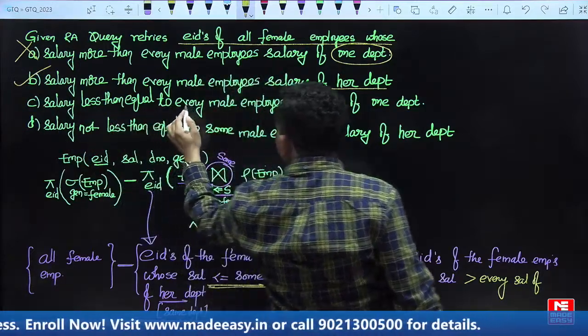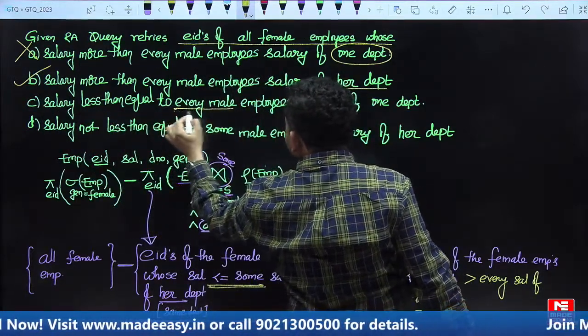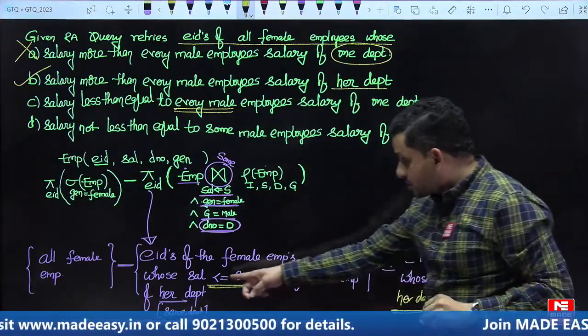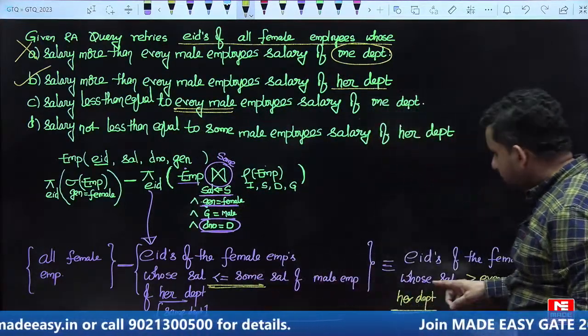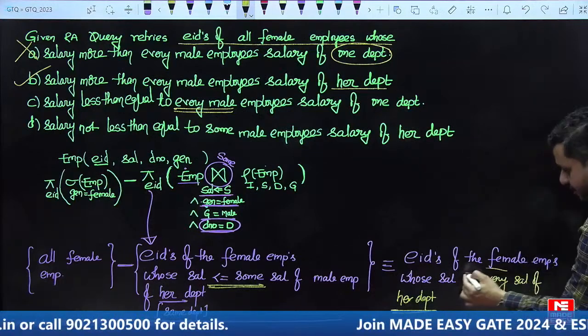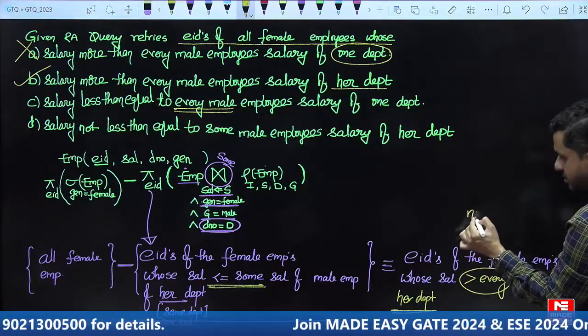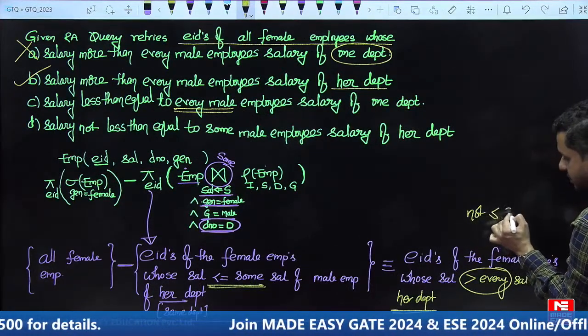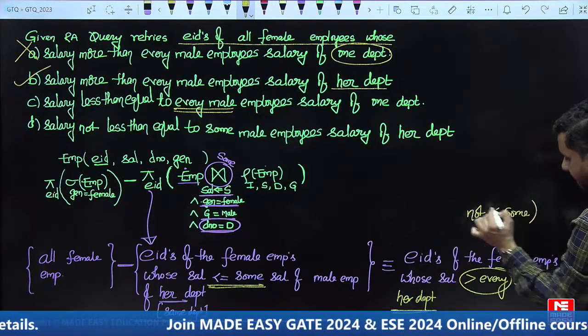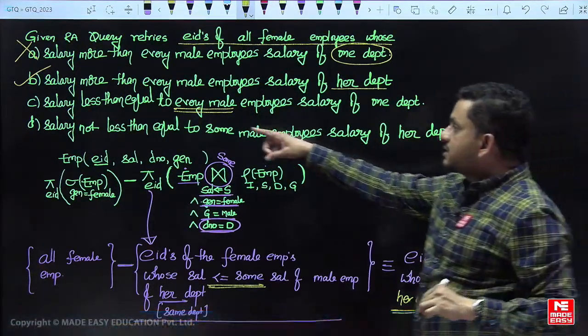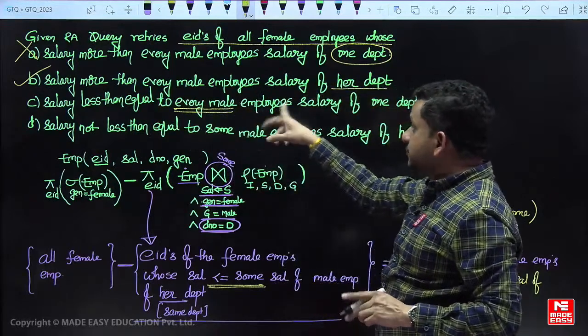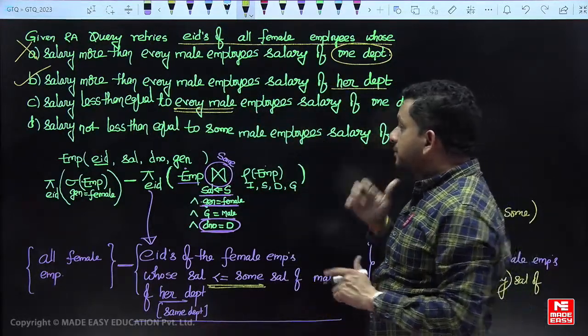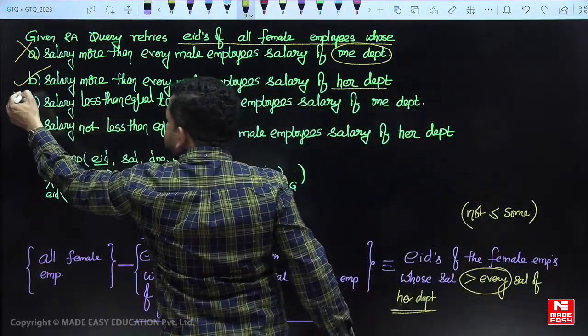Salary less than or equal to every, sorry, not less than or equal to some. So greater than every means not less than or equal to some. He is saying that less than or equal to every is false, so C is the false statement.